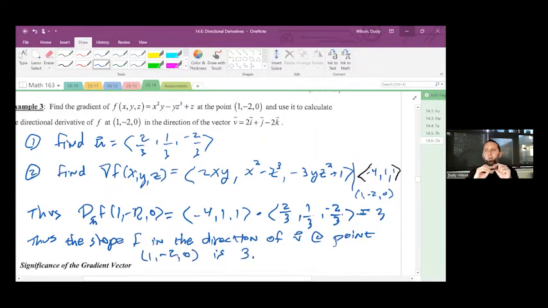And that'd be slope, because now this graph would live in 4 dimensions, right? Because it's got 3 variables. So if we traveled along that vector a length of 3, then we would go up in 4 dimensions, 3 units between the two, from 1, -2, 0, along the vector 2, 1, -2.